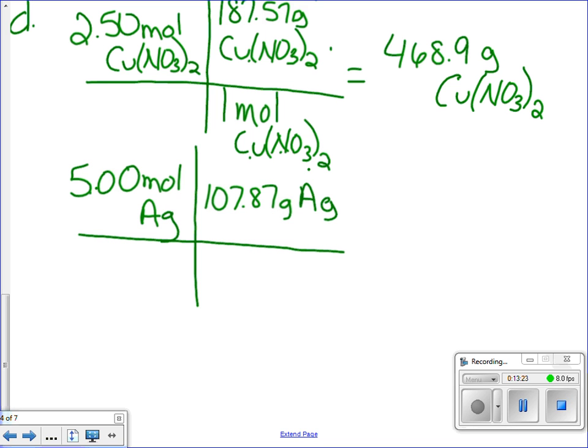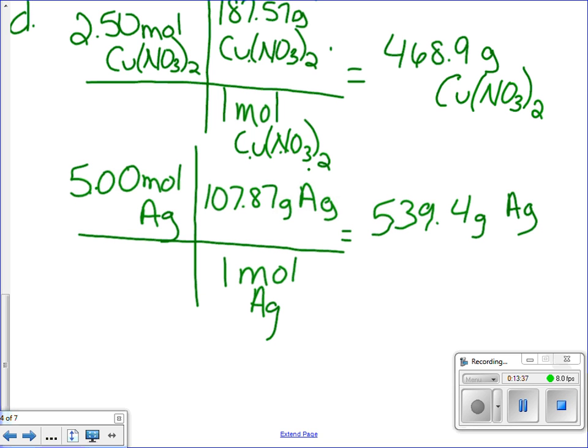And everything on the periodic table is equal to 1 mole of that substance. So now we plug this in the calculator. We get 539.4 grams of silver. So now we've answered all the questions.